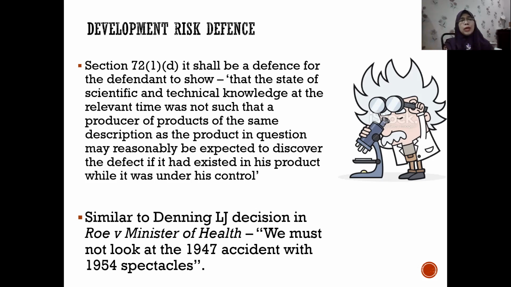In other words, whatever happened, they were not aware and it was not possible to discover it by the current scientific and technical knowledge. So it could be a very strong defense for the producer, even for the manufacturer.